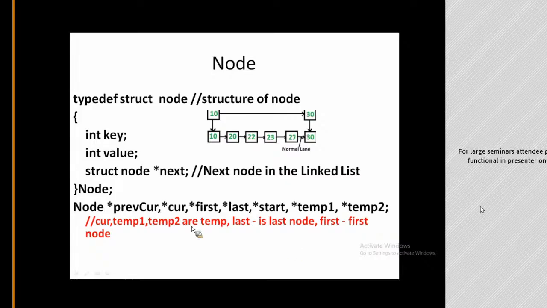Cur, temp1 and temp2 are temporary ones, the last is meant for storing the last node, and the first is meant for storing the base address of the first node. Clear so far? Anybody having doubt about the node or the express node structure, only that person need come in the chat window.